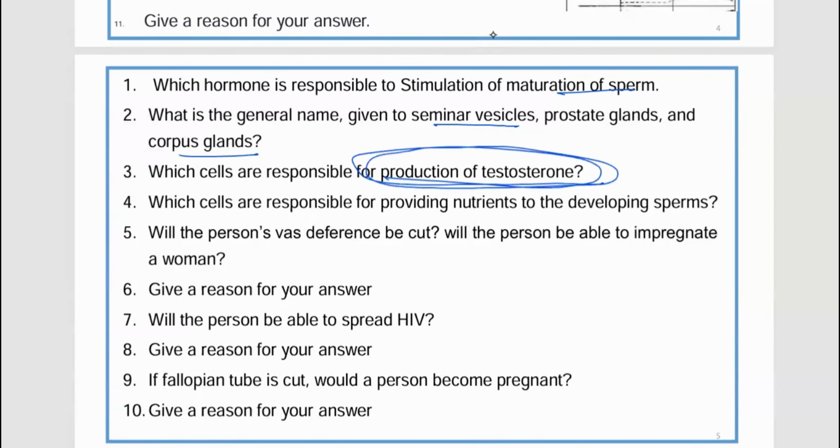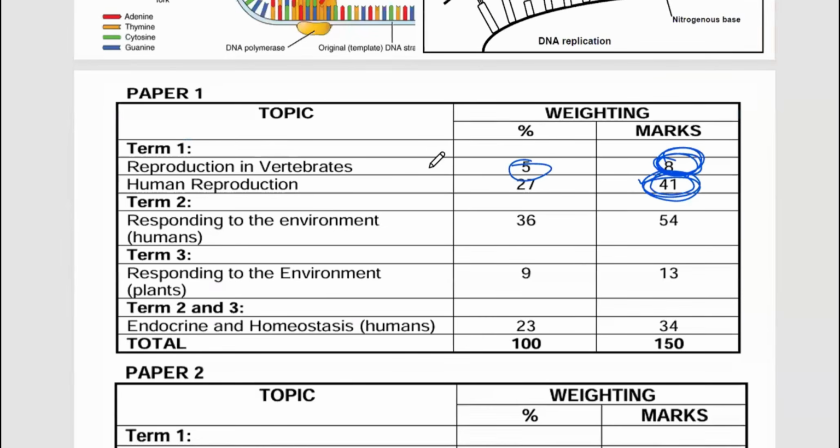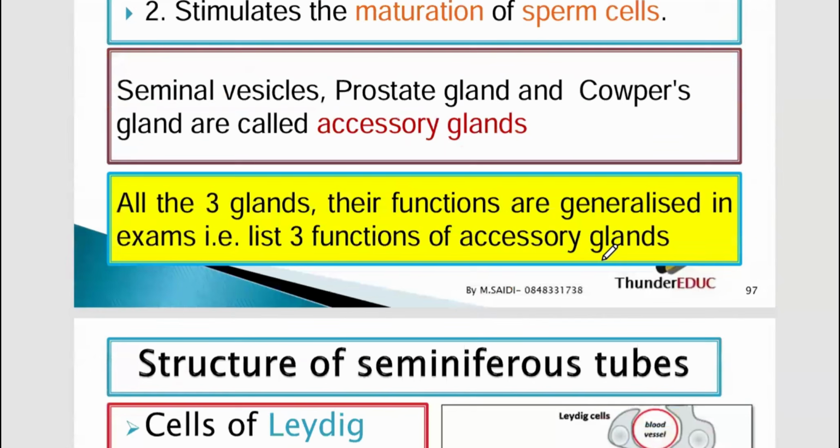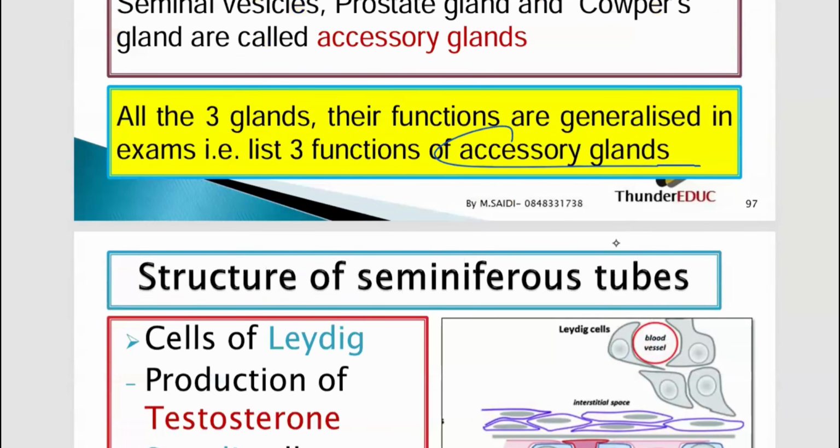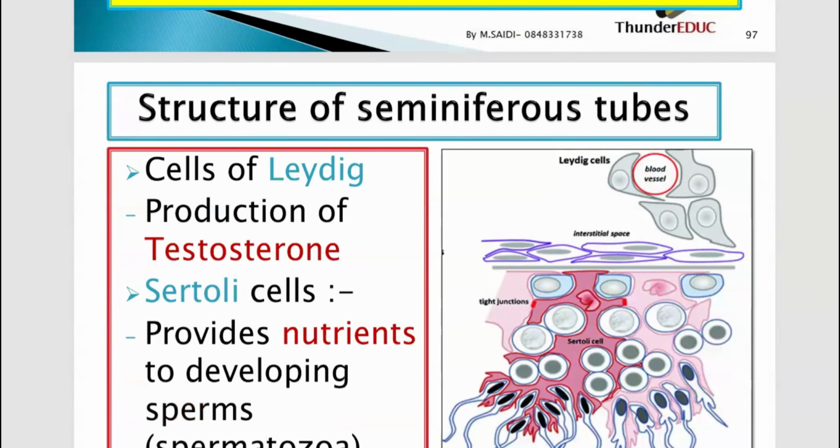We call them cells of Leydig. So basically we are here. We talked about the accessory glands. The cells which are responsible for production of testosterone are called cells of Leydig.